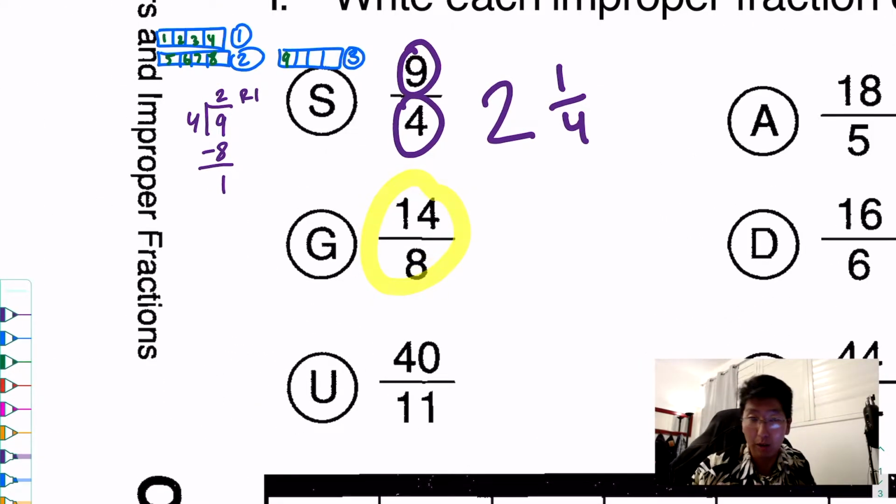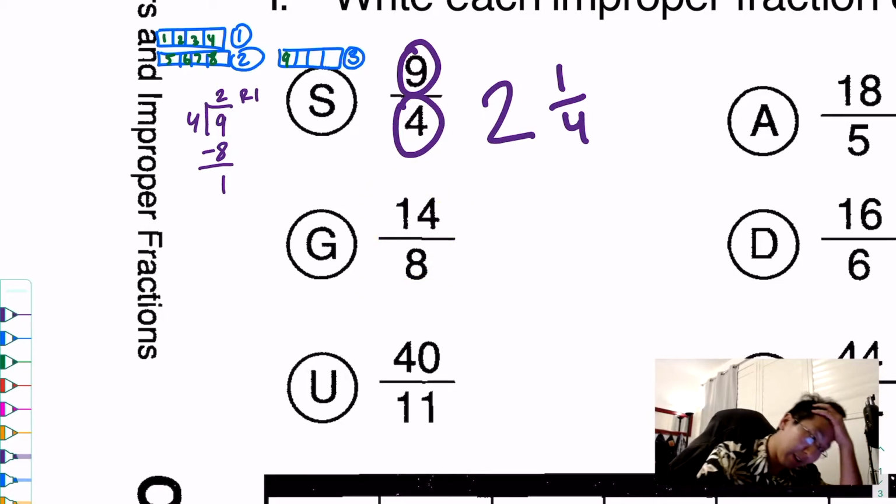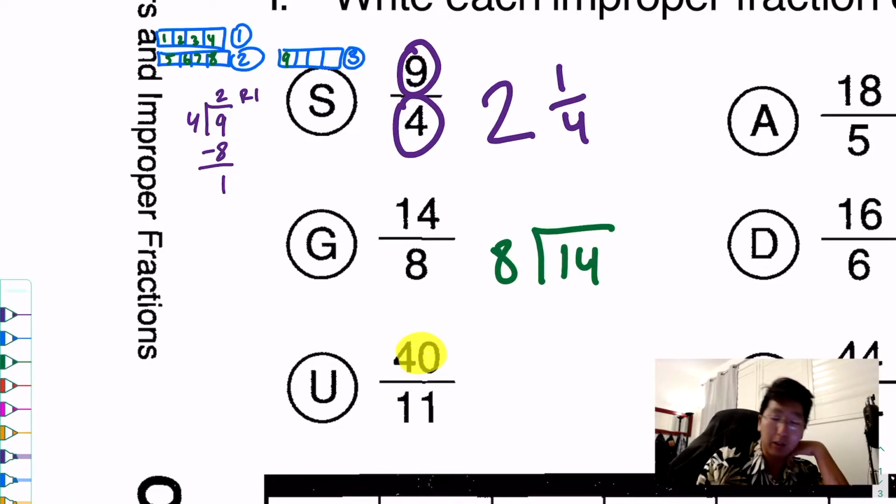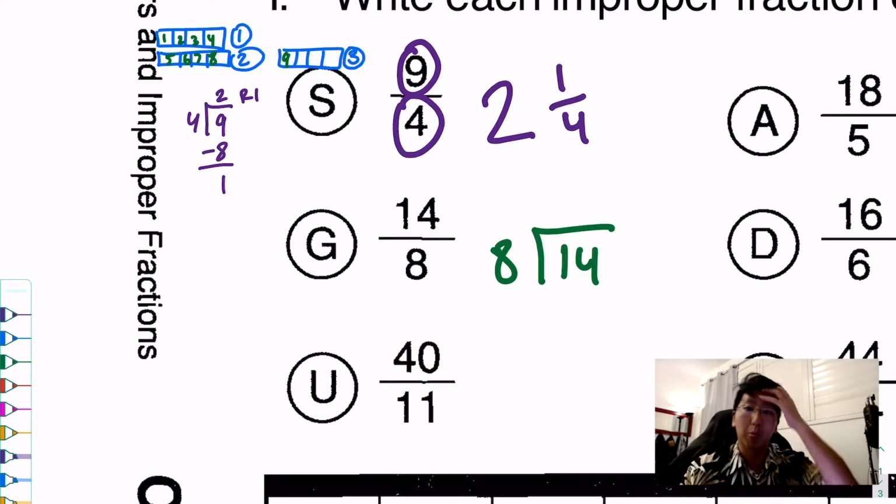I'm not going to draw out chocolate bars every time. So 14 divided by 8. The denominator should always go into it because the denominator is always smaller than our numerator, and that's what makes it an improper fraction.